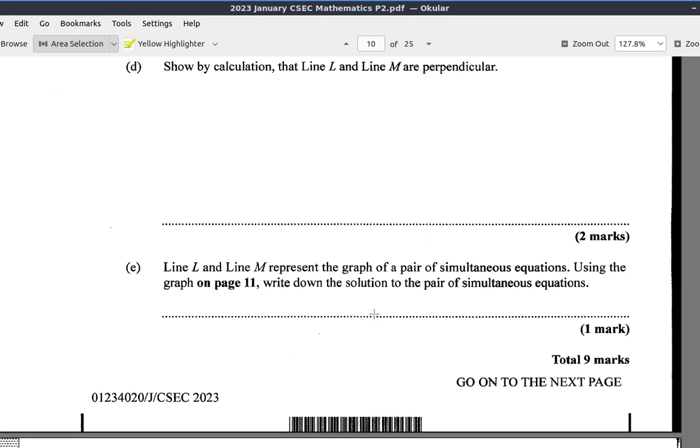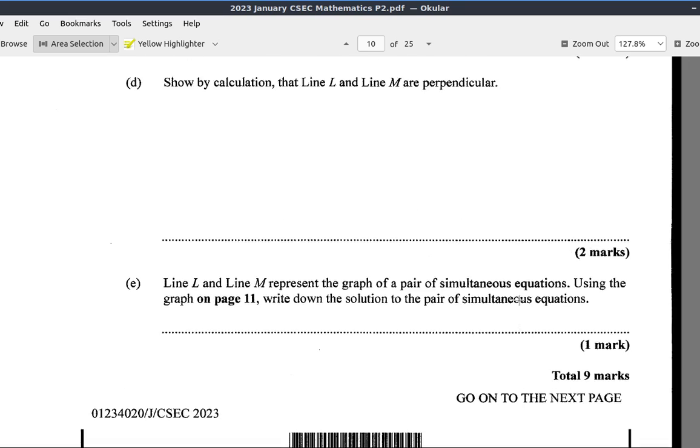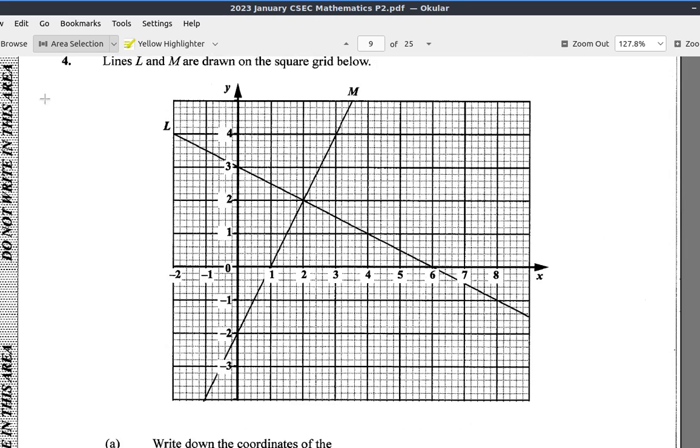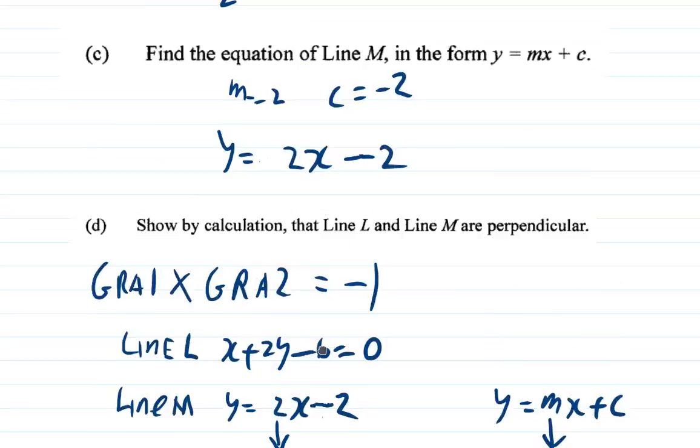What else is here? Line N and line M represent the graph of a pair of simultaneous equations. Using the graph on page 11, write down the solution to the pair of simultaneous equations. Alright. Let's use this graph here.